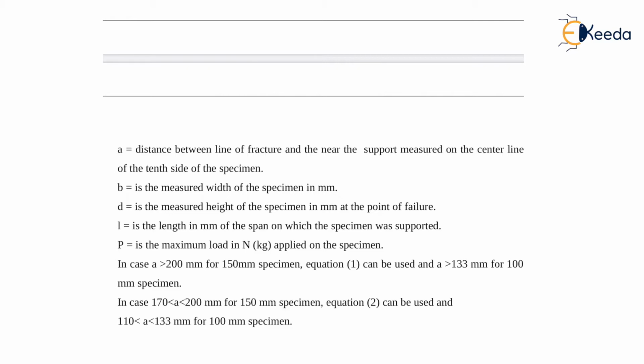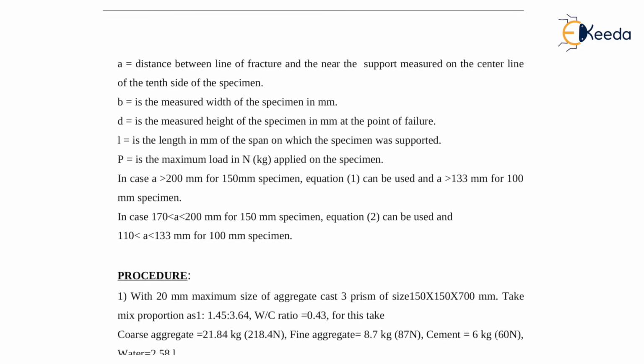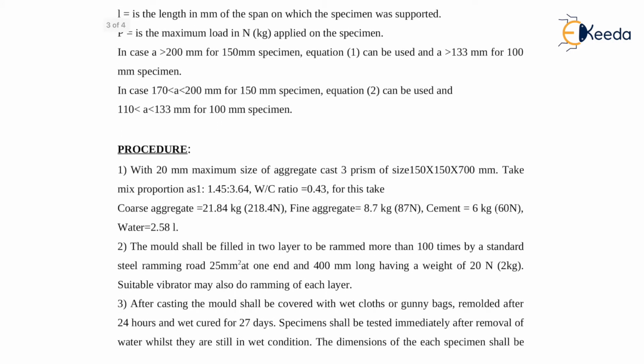And if A is between 170 and 200 for a 150 mm specimen, the second equation we have to use. And for a 100 mm specimen, if it is between 110 and 133, then we have to use the second equation only. So as we have seen, we have two equations, and by using these two equations, we can calculate the modulus of rupture, that is flexural strength.